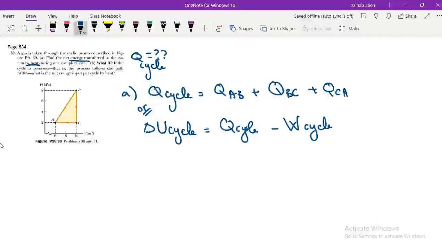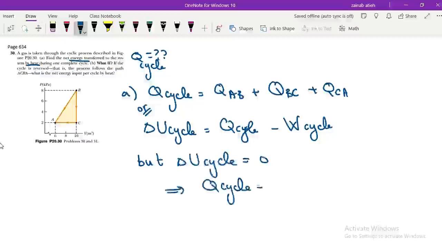I'm going back to the same parameters, so delta U is 0, which implies Q for the cycle is equal to the work done by the cycle.